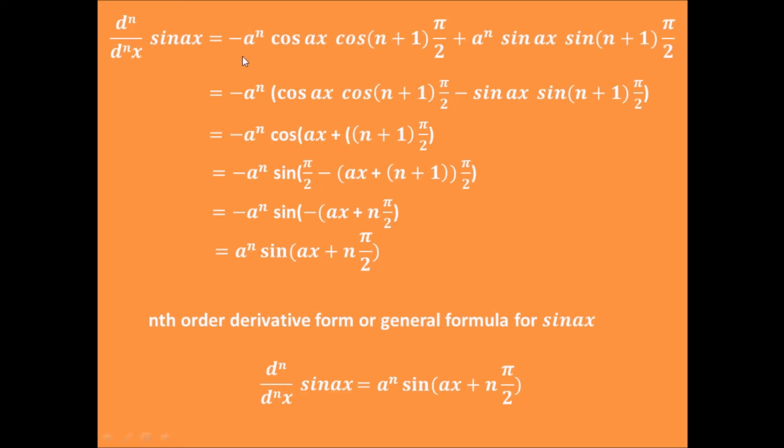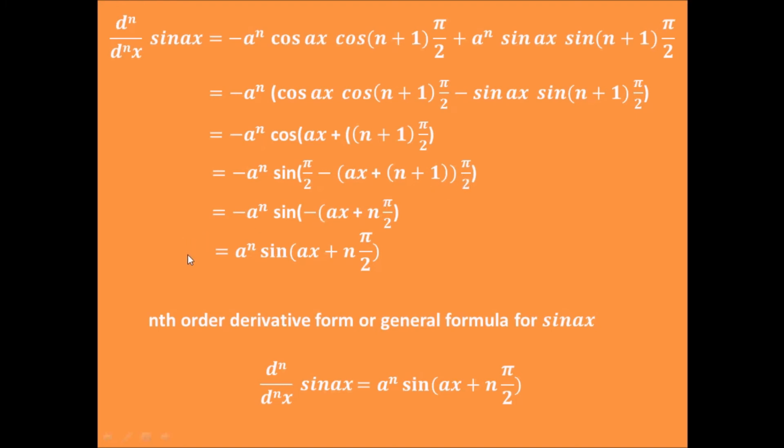By using trigonometric formulas, we can put these two terms together, which is minus a to the power of n times cosine of (ax plus (n plus 1) pi divided by 2), which can be written as minus a to the power of n times sine of (pi divided by 2 minus (ax plus (n plus 1) pi divided by 2)).